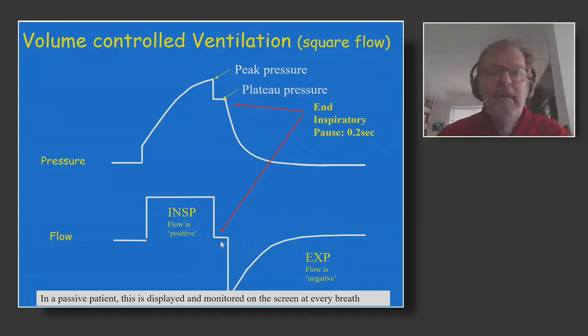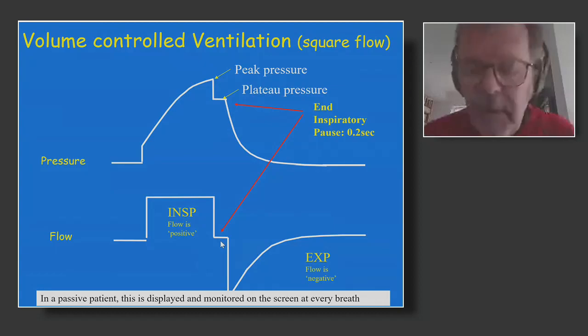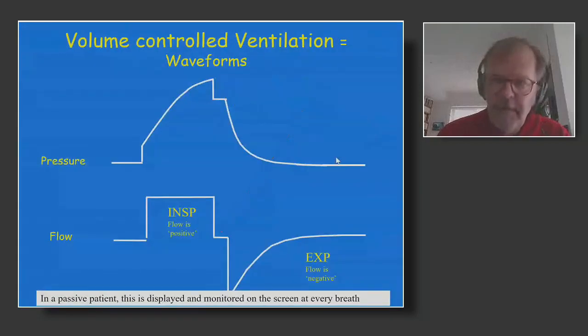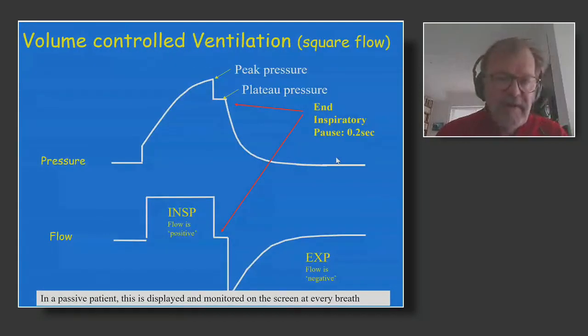And of course, the system is relaxed because your patient is ventilated passively. So this small end inspiratory pause, which you set on the ventilator, is like a pulmonary function test, if you wish, because it will give you the value in the lung in a relaxed situation.